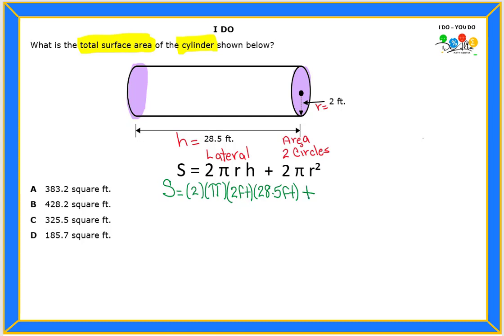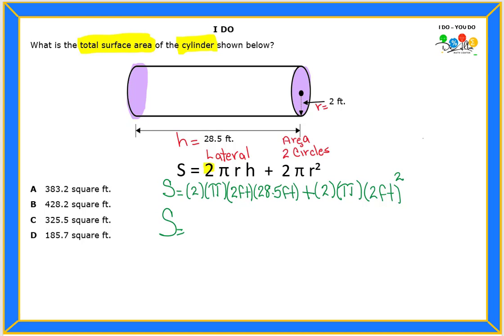Then I have a plus. So notice how the first part of the formula is just for the lateral. For the second part of the formula, I will not replace the 2, but bring it down. Pi, bring it down. And the radius is still 2. And of course, it's 2 feet to the second power. Okay, so let's take one at a time.